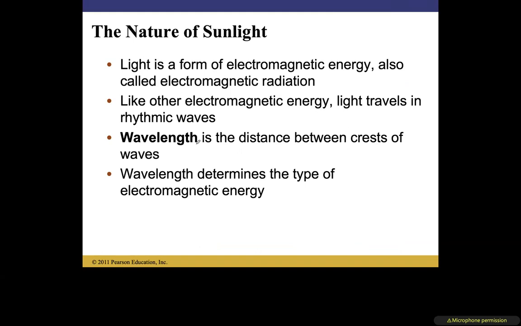Those waves are measured in wavelengths, and a wavelength is the distance between the crests of the waves. Your book has a picture on wavelengths. I kind of like the internet picture better, so I'll just go find one. Depending on the distance between the crests of the wavelengths, that actually determines the electromagnetic energy of the wave.